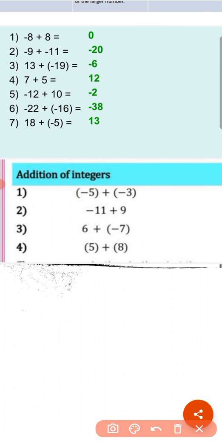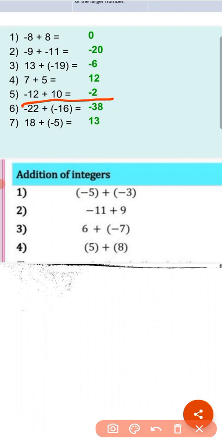Okay. Our next question is 7 plus 5. Here both numbers are positive. So add and write the positive number. 7 plus 5, 12. Positive 12. Okay. Next is negative 12 plus 10.